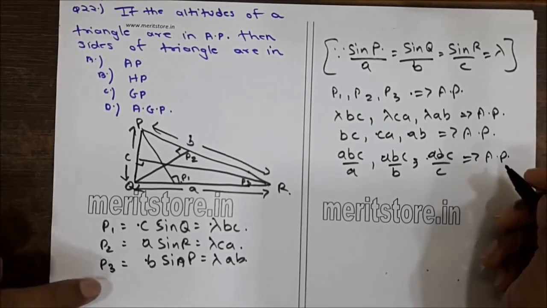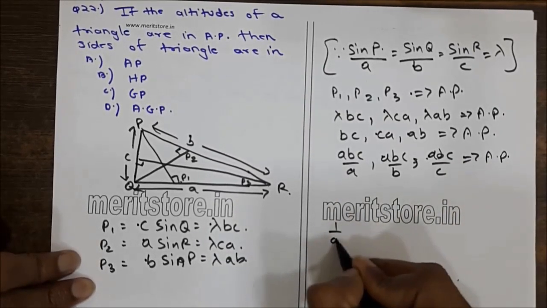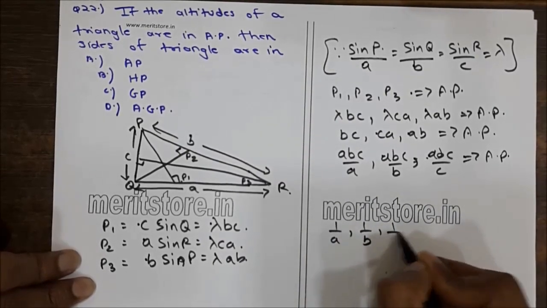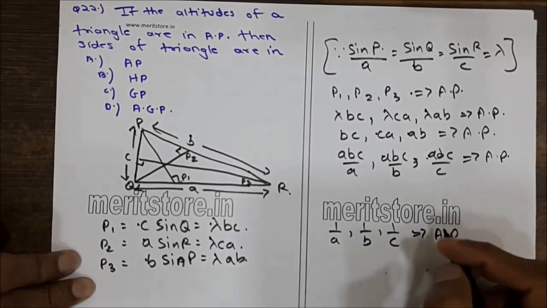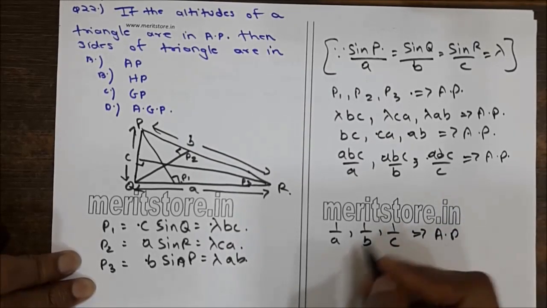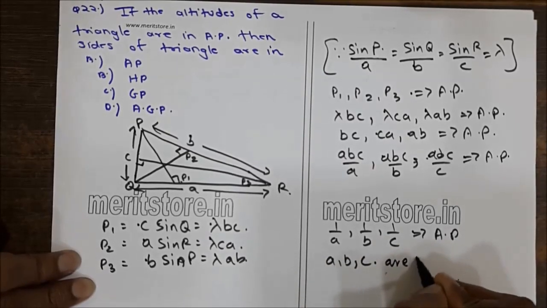So 1 upon A, 1 upon B and 1 upon C are in AP. So we conclude that A, B, C are in HP.